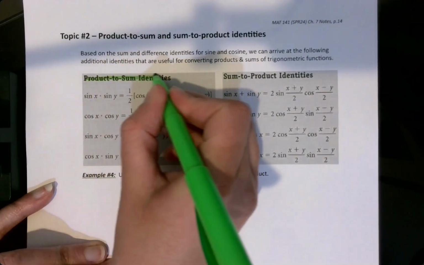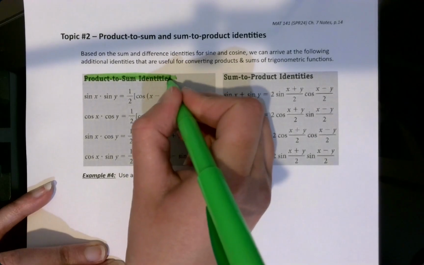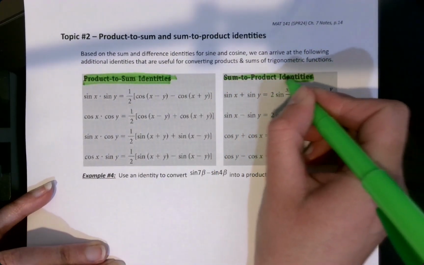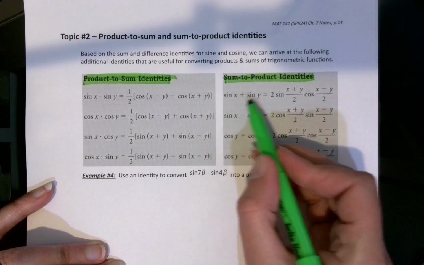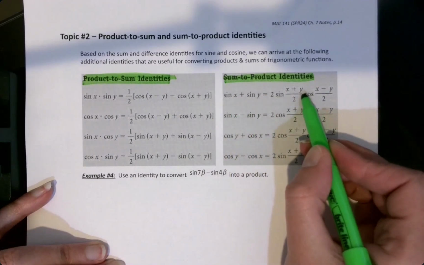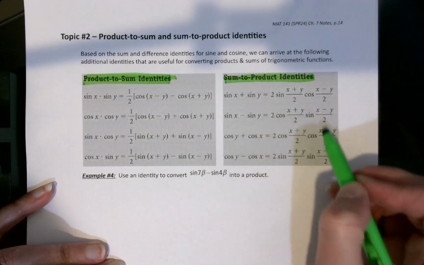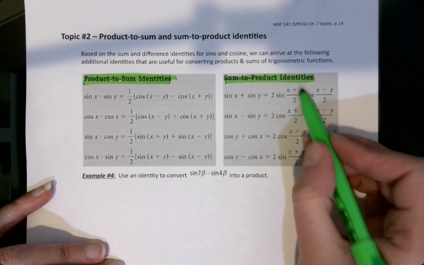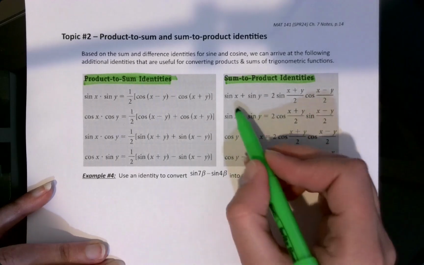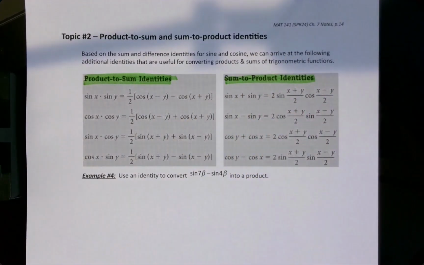That's our product to sum identity. Or we can do the reverse and we can take a sum to product identity, take the sum of two separate angles and turn it into the product of different functions, sine and cosine here, of angles that have been added or subtracted from the angles that I have started with. Let's take a look at one of these in an example.